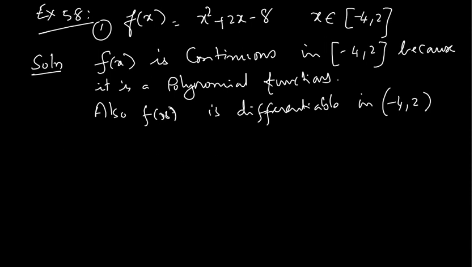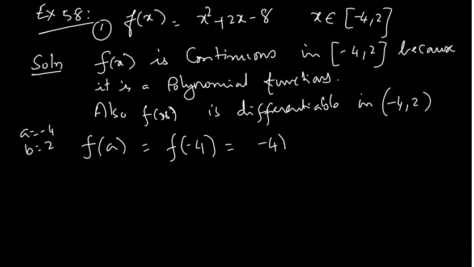Okay. Then you write f of a. In our case, a equal to -4, b is equal to 2. f of a equal to f of -4, that's equal to (-4) whole square plus 2 into -4 minus 8, that's equal to 16 minus 8 minus 8, which is equal to 0.